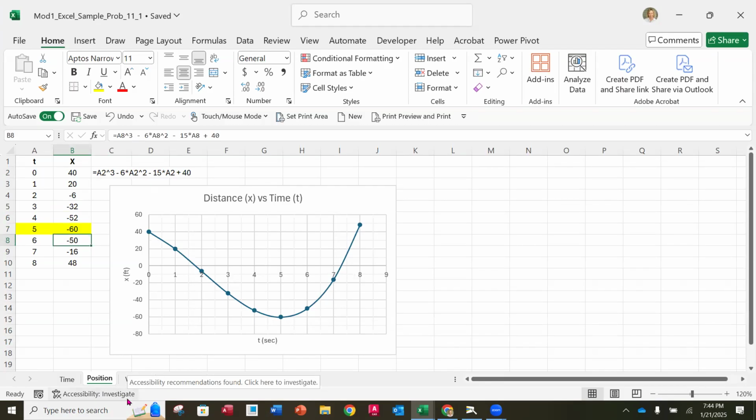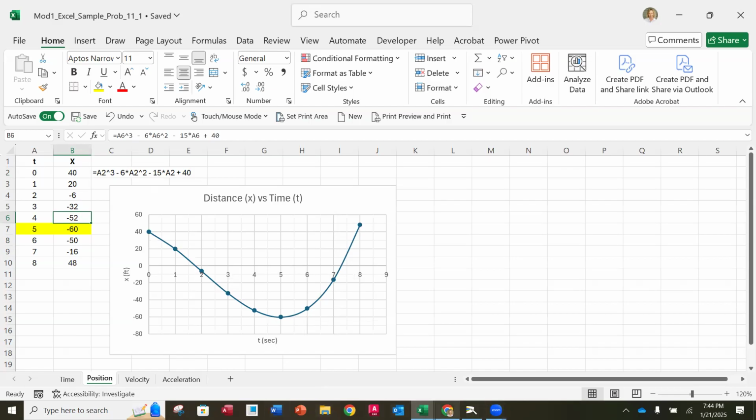Do you see that? So distance traveled, not coordinate. So distance traveled, because we went down and back up. Don't take the difference between the two coordinates in this case. If they're going in the same direction, you can take the difference. But in this case, we're switching directions at that 5-second mark.